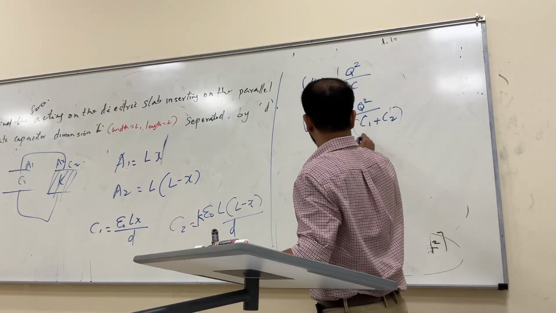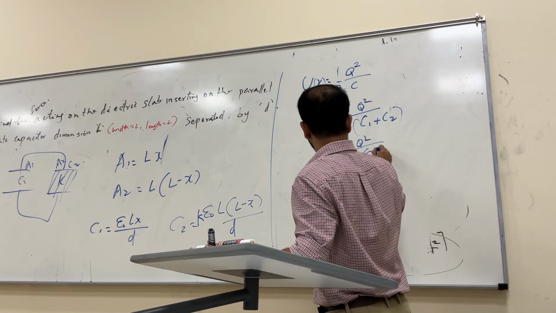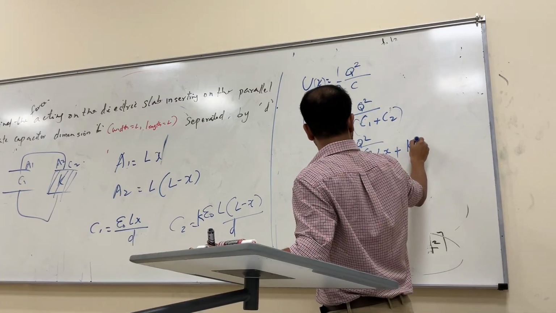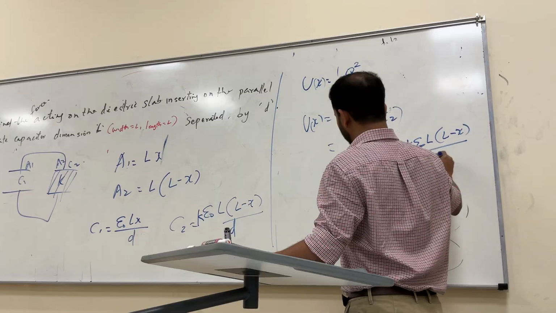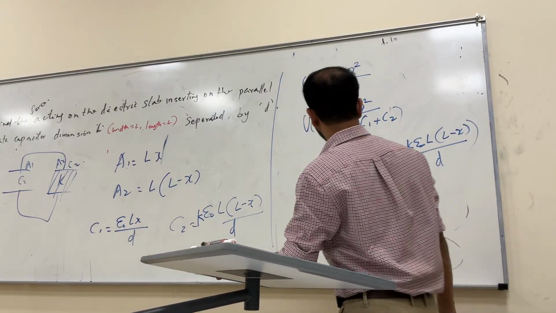So Q squared over 2, what is C here? The first one, epsilon 0 Lx over D, plus K into epsilon 0 L into (L minus x) over D, right? So what is this?